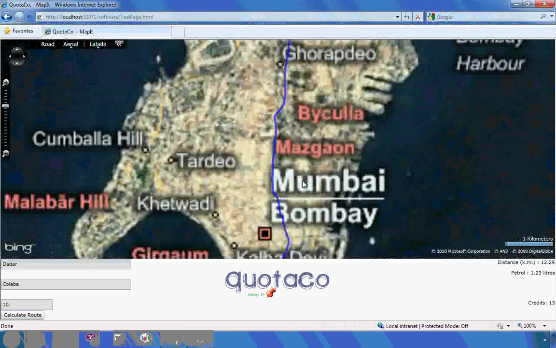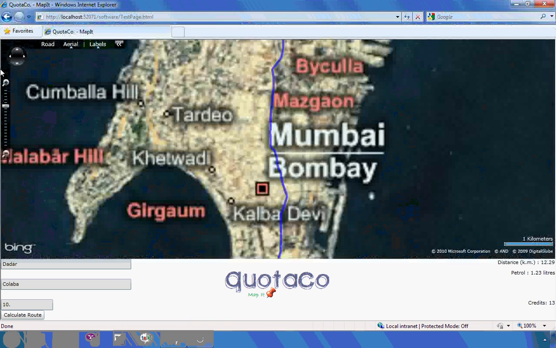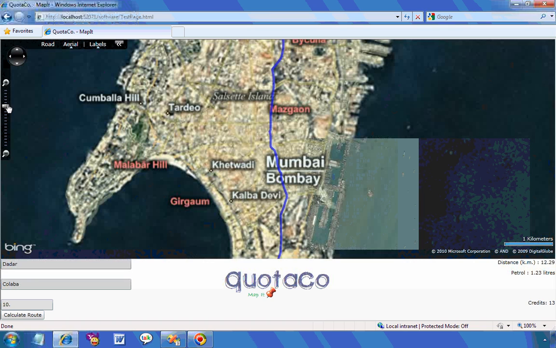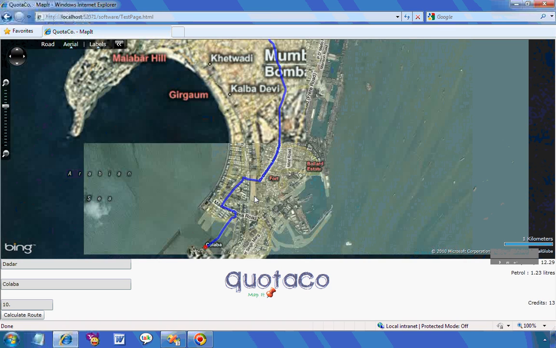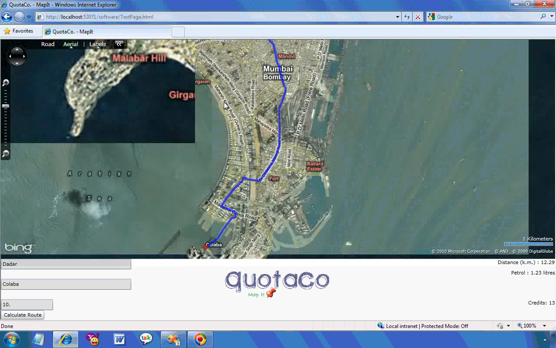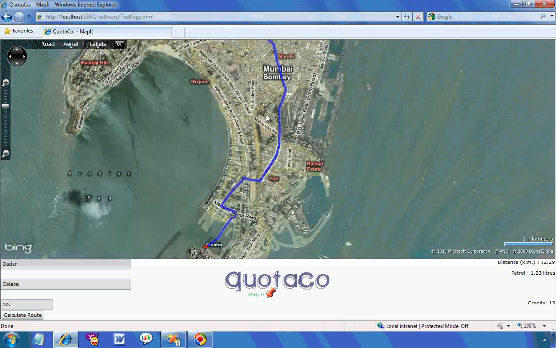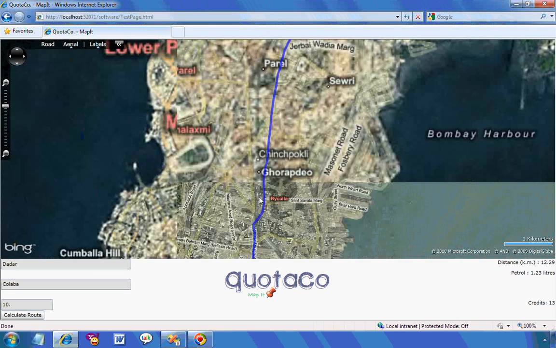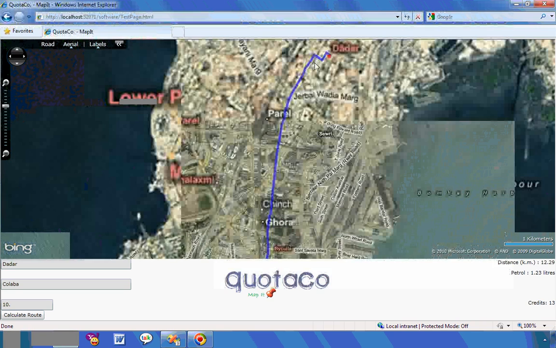So I can move in, and pardon my slow internet connection, but I can move in and I have a road view, and I can choose to label these nice representations of the route I need to take to travel from Dadar to Colaba.